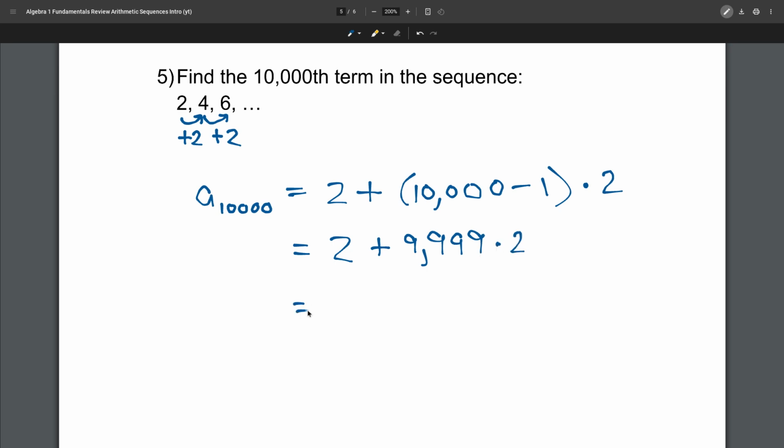And if we put that into our calculator, 2 plus 9,999 times 2, we get 20,000. So a sub 10,000 equals 20,000.